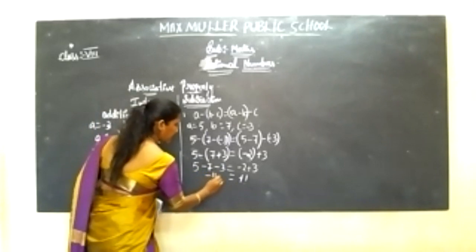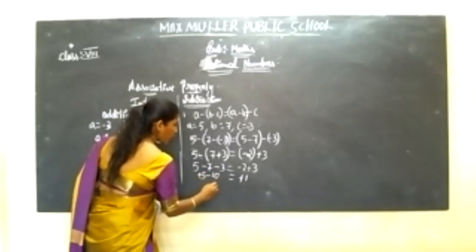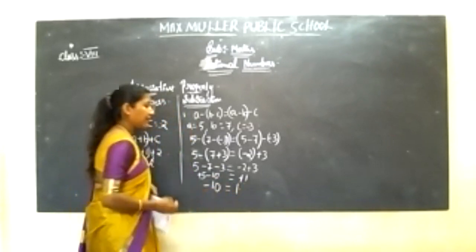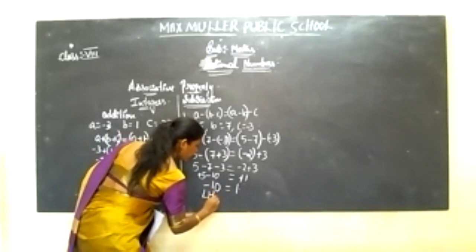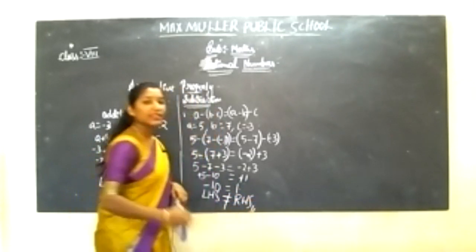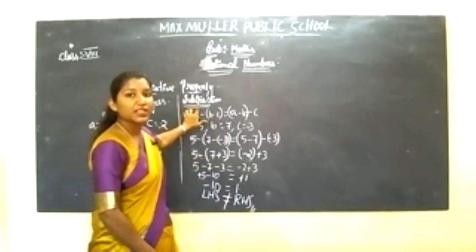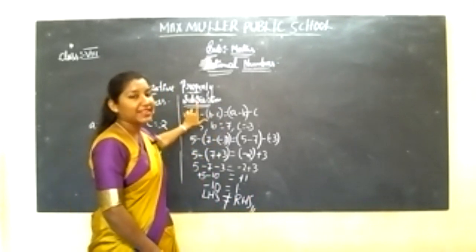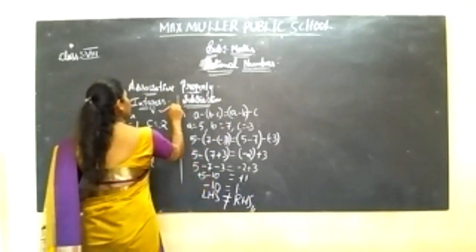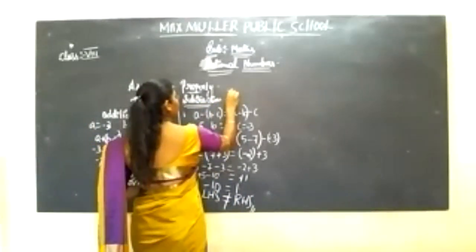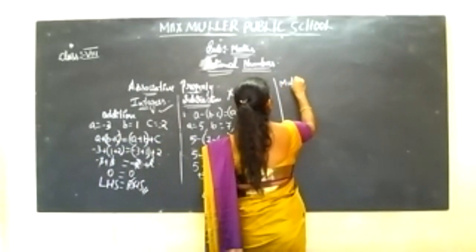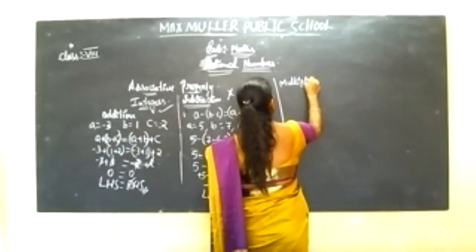You will get minus 10 plus 5, so you will get minus 10 on one side and 1 on the other. So LHS is not equal to RHS. Correct? Here the condition doesn't hold good. It doesn't satisfy for subtraction, okay. Next we'll see for multiplication.